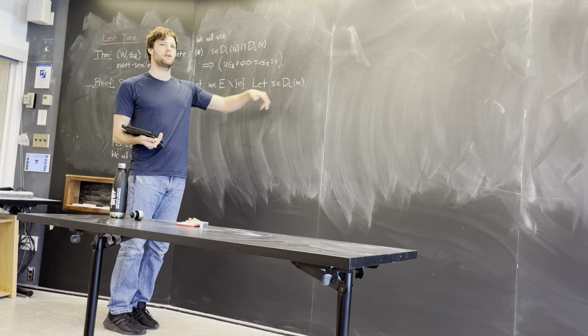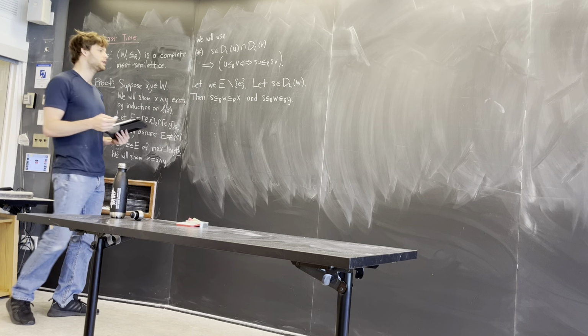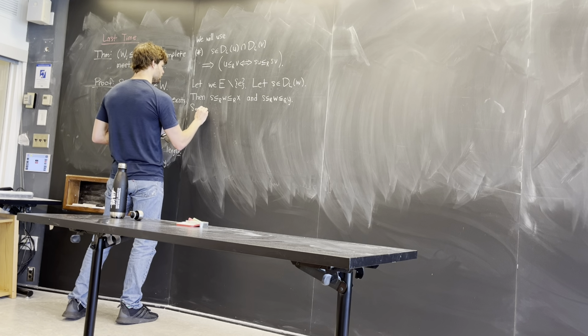Similarly, s is less than or equal to w, which is less than or equal to y. So this means that s is less than or equal to x, and it's less than or equal to y, so it's a lower bound for x and y, which means that it's in capital E. So s is in capital E, and it's also a simple reflection.